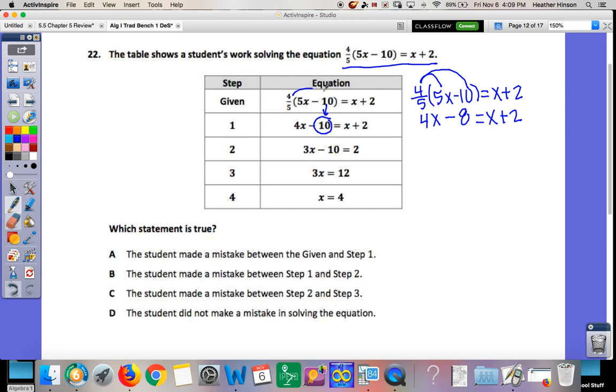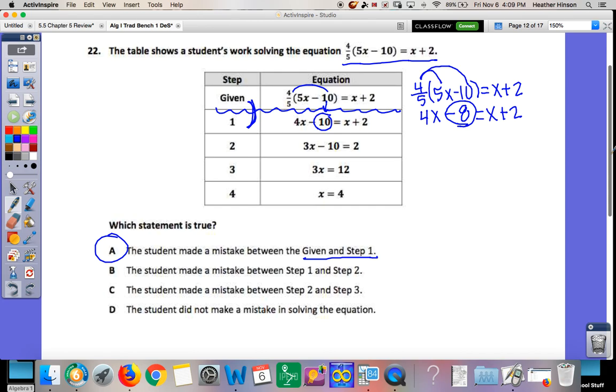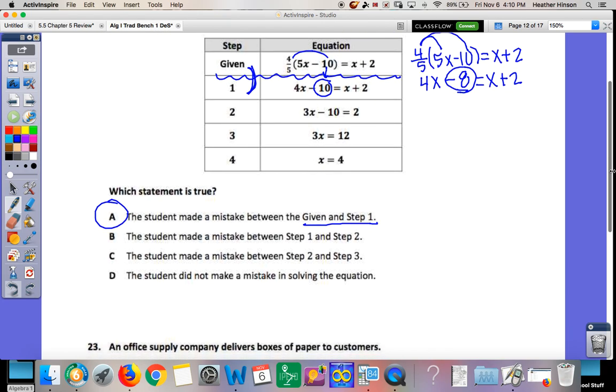They didn't even distribute the 4 over 5 to it. It's supposed to be negative 8. So they made their mistake right here between the given and step 1. So which answer choice is that? That is A, between given and step 1. And then that's it. You don't have to finish solving it.